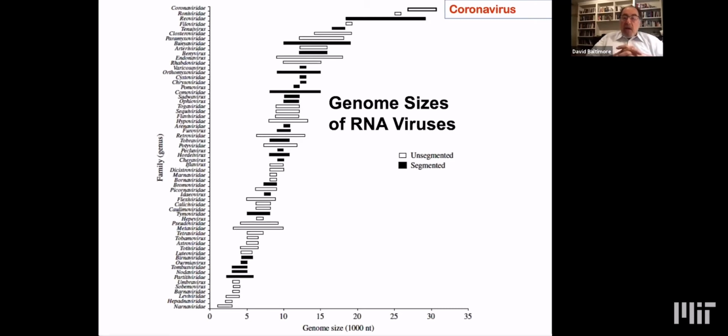But if it gets any larger than that, the number of mutations gets to the point where it interferes with the effectiveness of the virus. And so a virus can't be any bigger than that without going through error correction. And the coronaviruses are the one kind of virus that has an error correction mechanism in it. Now, we in our own genomes have very effective error correction mechanisms. Our genomes get enormously larger than this because we have these error correction capabilities.